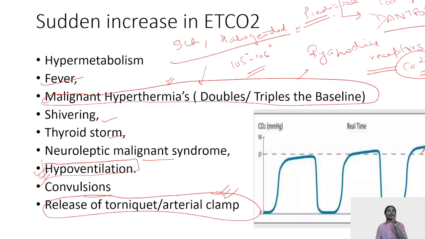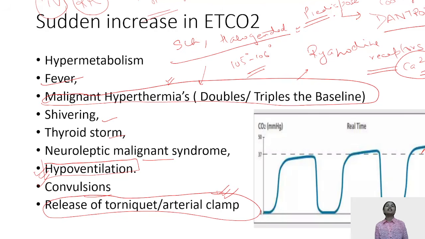See, if your case scenario is suggestive of such and they have given you the respiratory parameters, if they have given you the tidal volume or the respiratory rate, please look at them. If the patient is having a less respiratory rate or a less tidal volume leading to hypoventilation, that can also lead to increase in ETCO2.